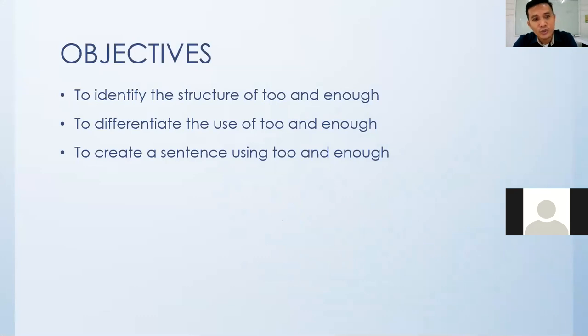You will also be able to differentiate how to use "too" and "enough", which is a bit different. And you will be able to create a sentence using "too" and "enough". Do you think you can do that at the end of the lesson? I hope so.